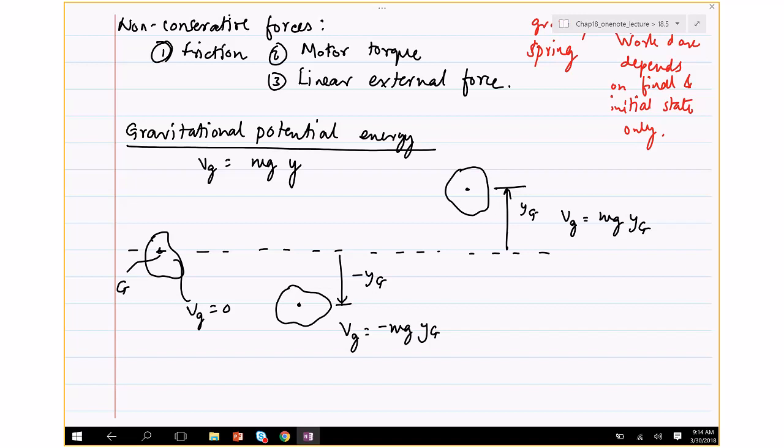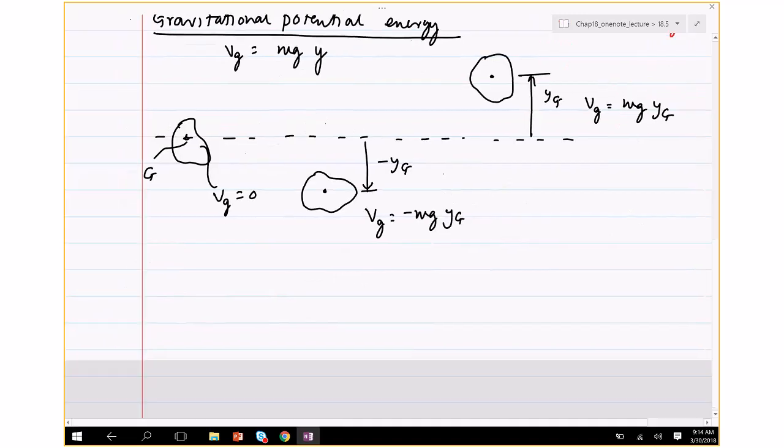Okay. The other thing which we'll use extensively is the energy due to a spring.